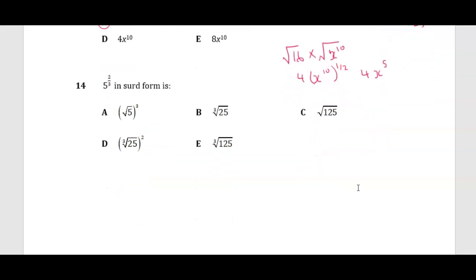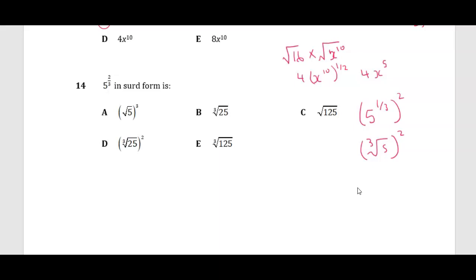All right, question 14. So similar to before. I don't think it's the same question though. I think the fraction is definitely around the other way. So remember, we just need to separate the 2/3. So you can do 1/3 squared. So that would be the cubed root of 5 all squared, but you can see that is not one of the answers, sorry.